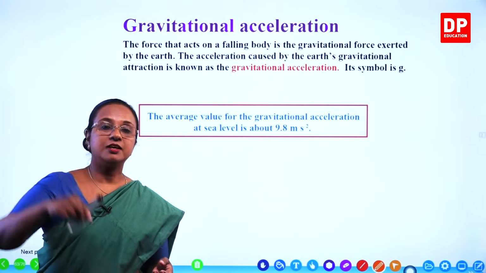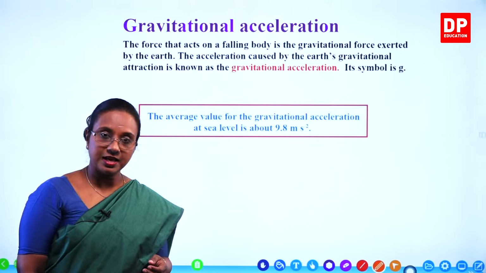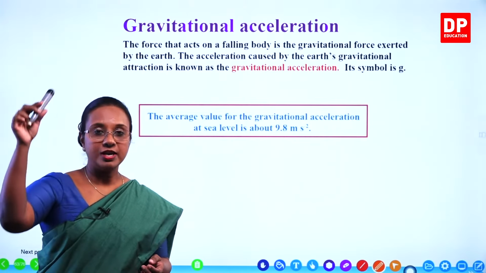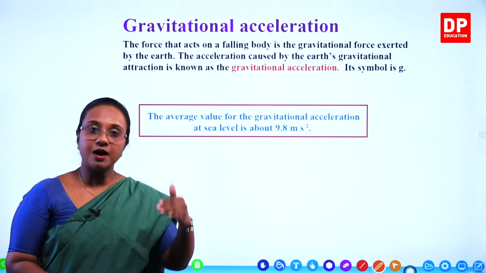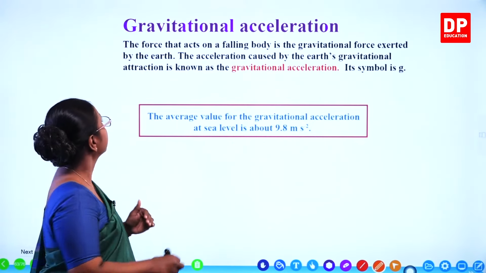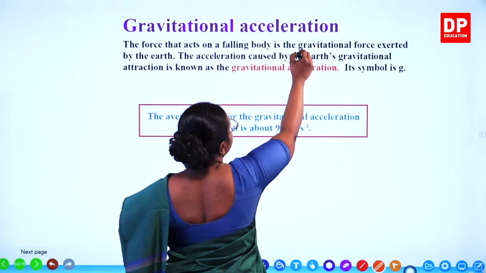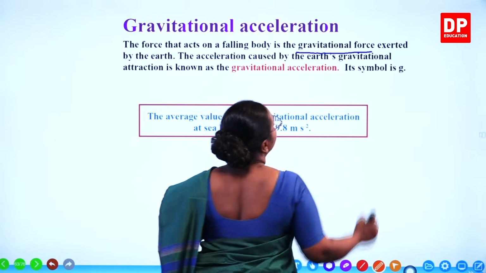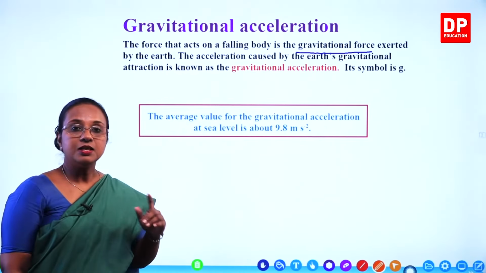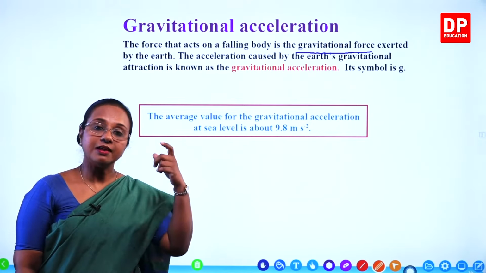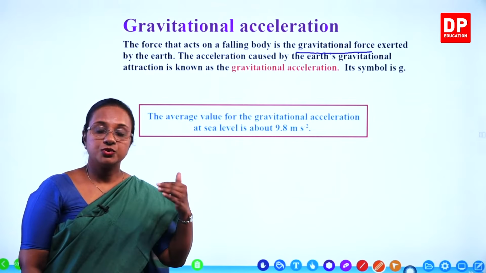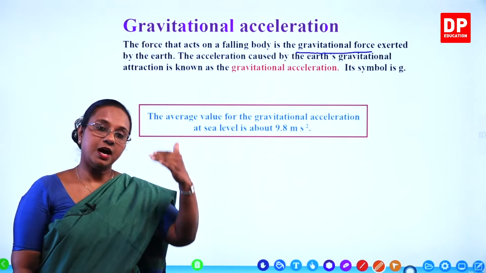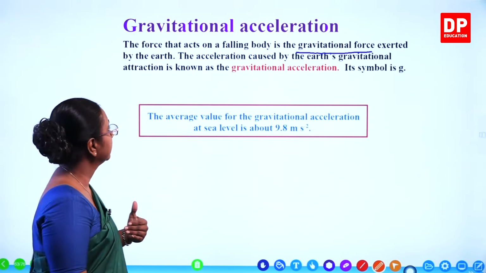Any object that you drop from a certain height, or a fruit coming off a tree, always comes down. The reason is this gravitational force. The earth always exerts a gravitational force on all the objects. So, therefore, the objects come towards the earth.